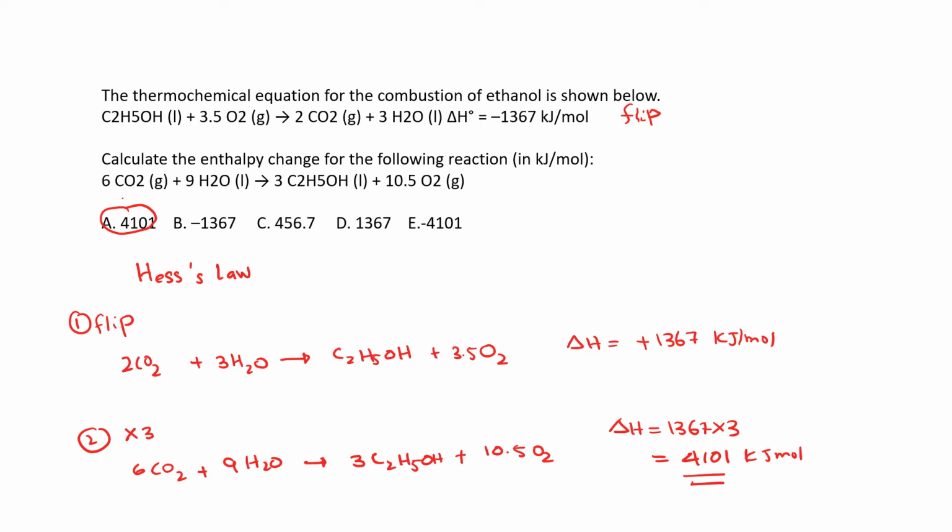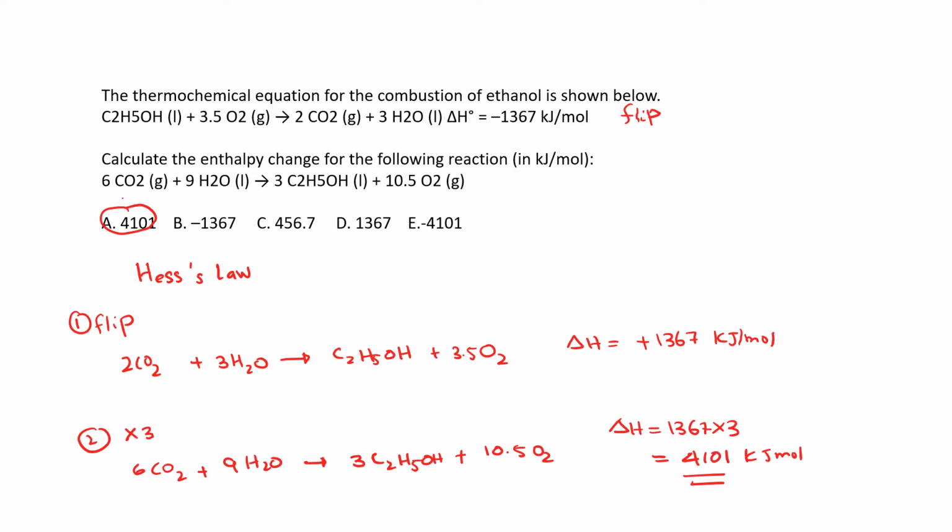We are going to first look at the reactions really well and identify what they are asking. See, in this reaction, carbon dioxide and water are on the product side. And in this case, what you have to calculate is the reverse of this reaction. Here your reactants are carbon dioxide and water.